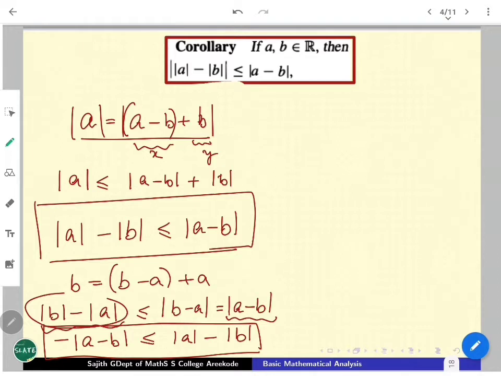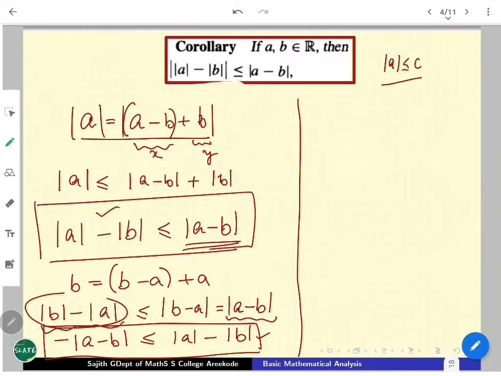See, if I am looking at mod a minus b, mod a minus b is greater than or equal to this quantity, and minus of mod a minus b is less than or equal to this quantity. Now I can just remember how to explode inequalities of the style mod a less than or equal to c. Previously we have done: if c is a non-negative quantity, then I can simply write this as minus c less than or equal to a, which is less than or equal to c.